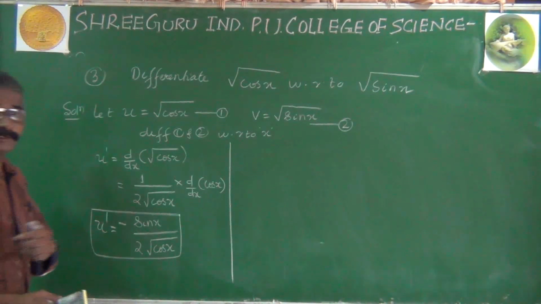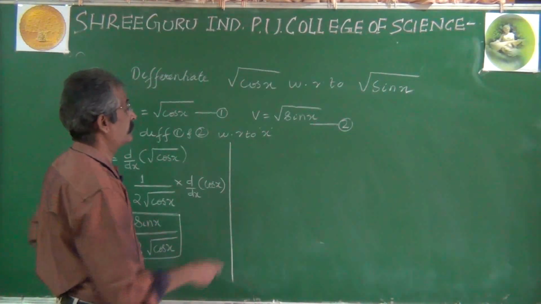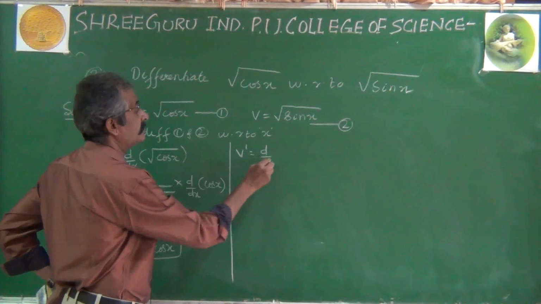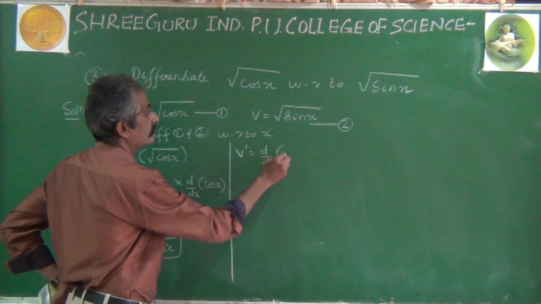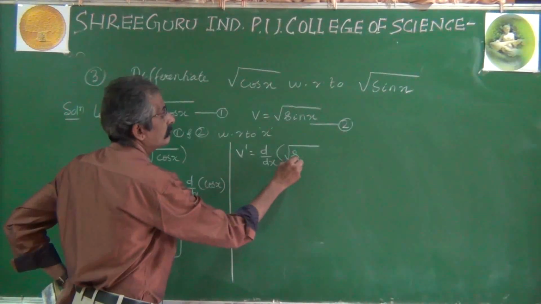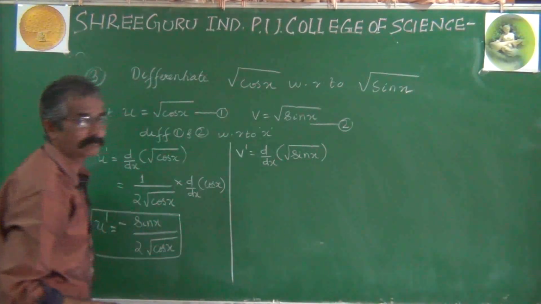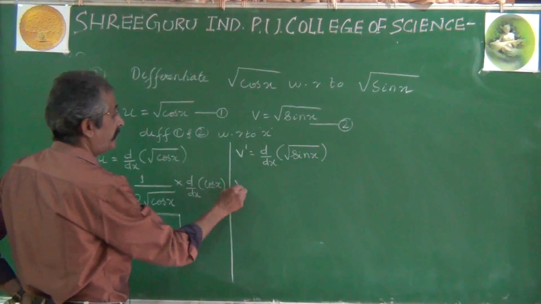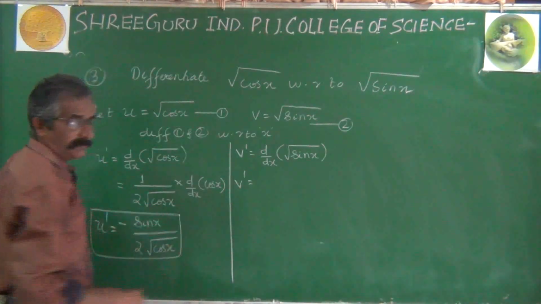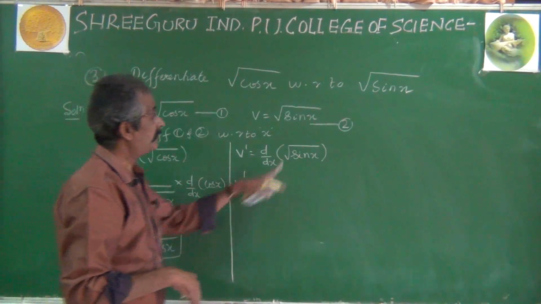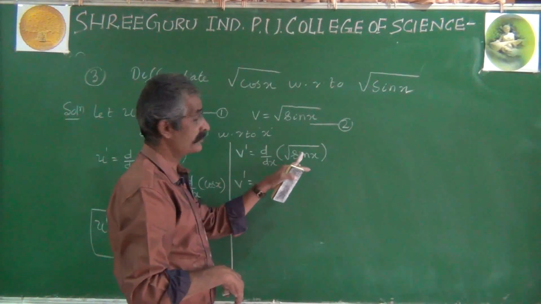Similarly, we shall differentiate 2 also with respect to x. V dash equals d by dx of root sin x. Like in the case of u, it's the same type, just like differentiation of a root function.